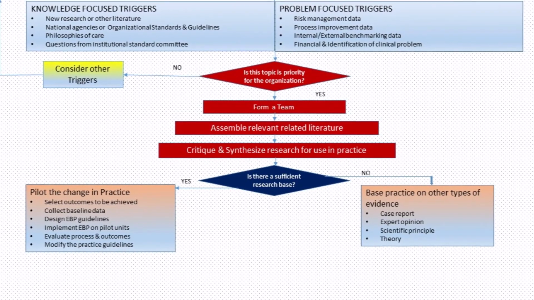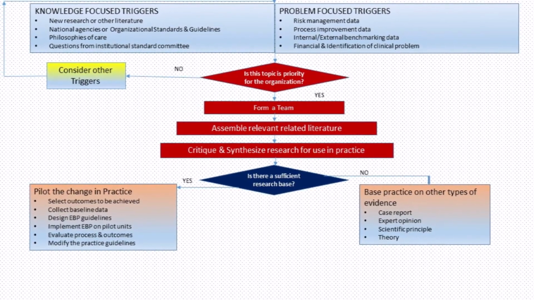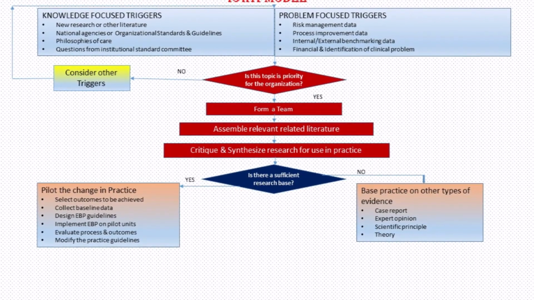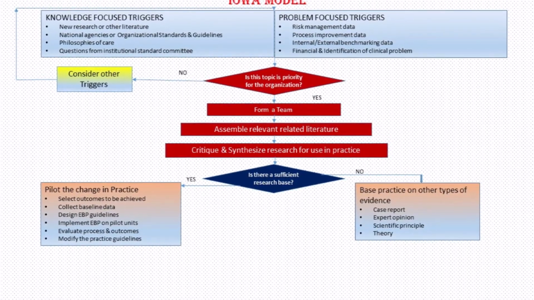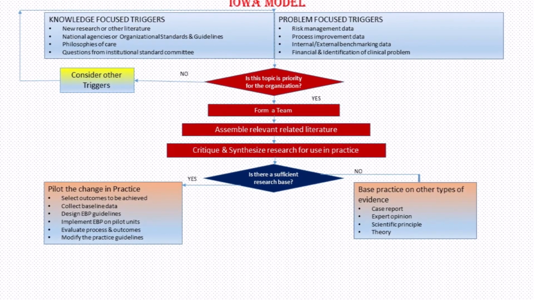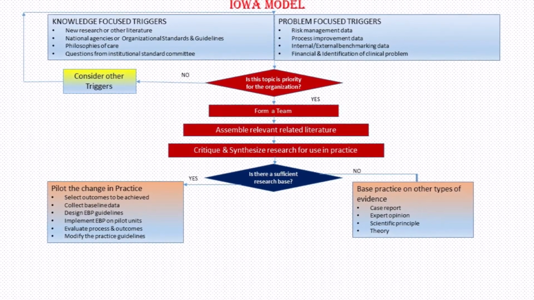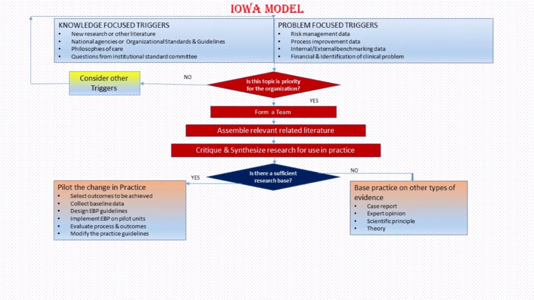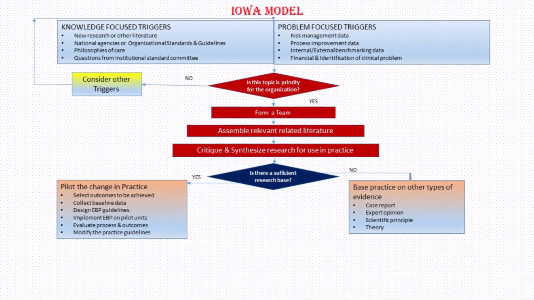If the research base is insufficient, then base practice on other types of evidence, meaning case reports, expert opinion, scientific principles, and theory. Once you finalize the other types of evidence, that will be taken as a pilot project.